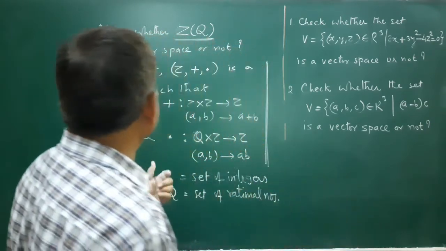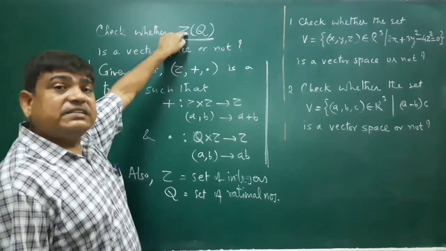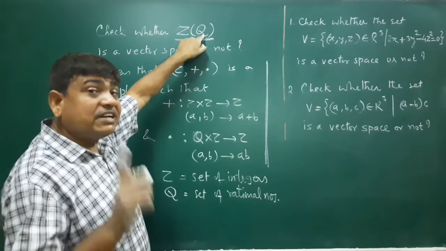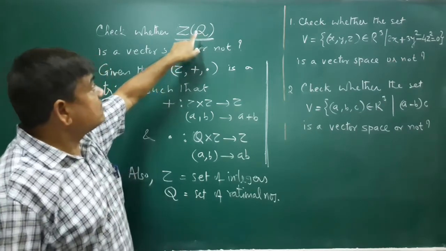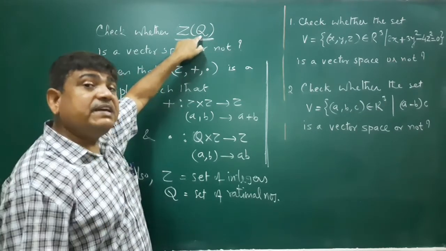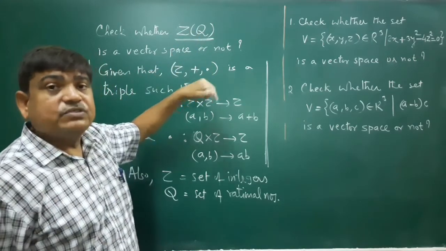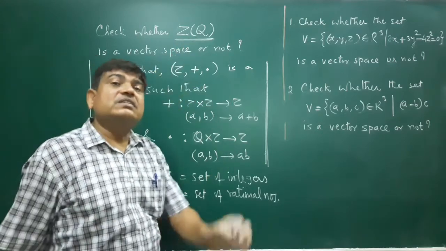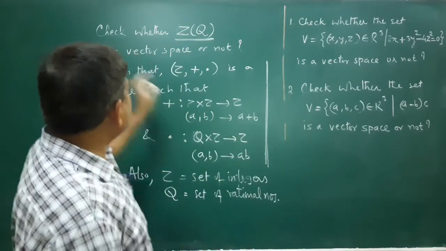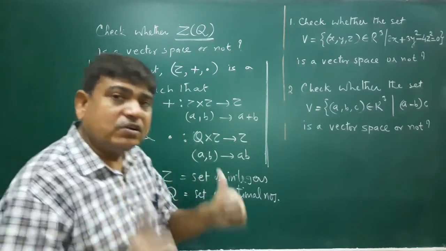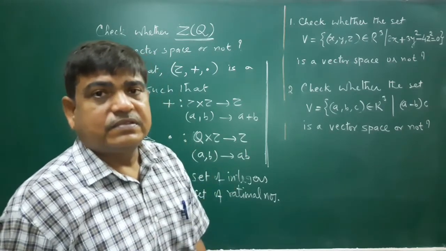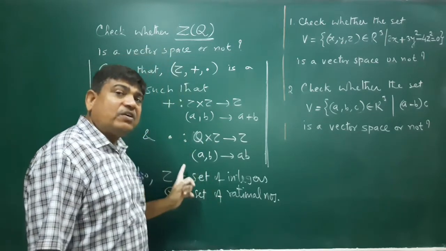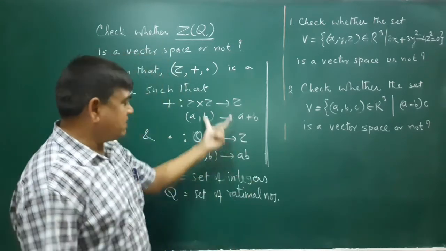Here we see Z, set of integers, Q, set of rational numbers. Q will behave like a field, so we have to check whether the set of integers over the field Q is a vector space or not, with respect to ordinary addition and ordinary multiplication defined by this.